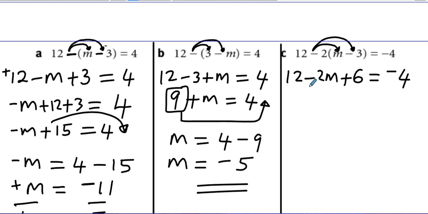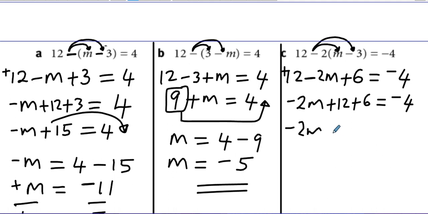Collect like terms. Negative 2m. Then you have positive 12 plus 6. On your right hand side you have negative 4. So negative 2m, positive 12 plus 6, this will be positive 18 equals to negative 4.